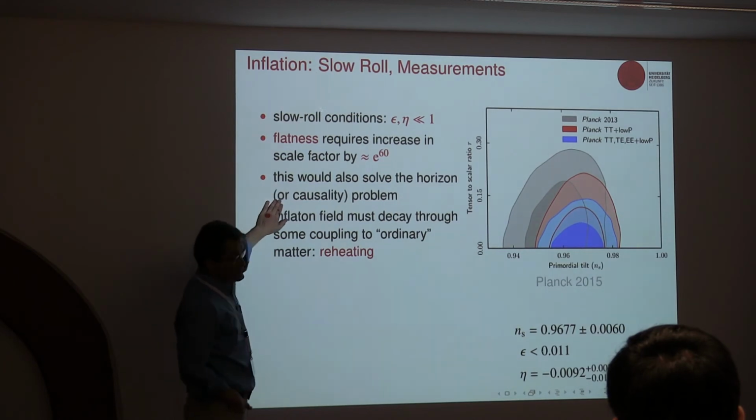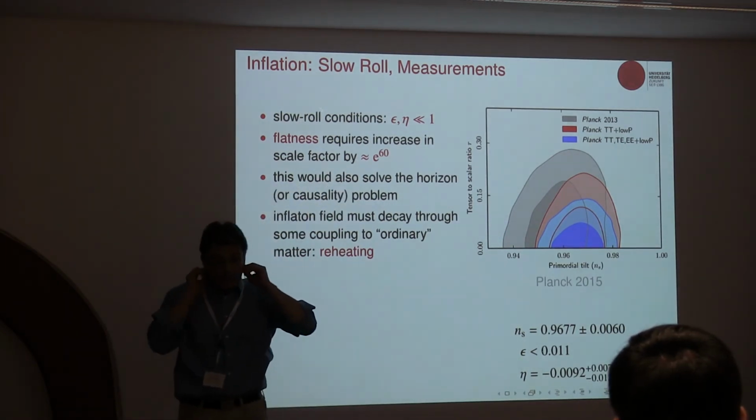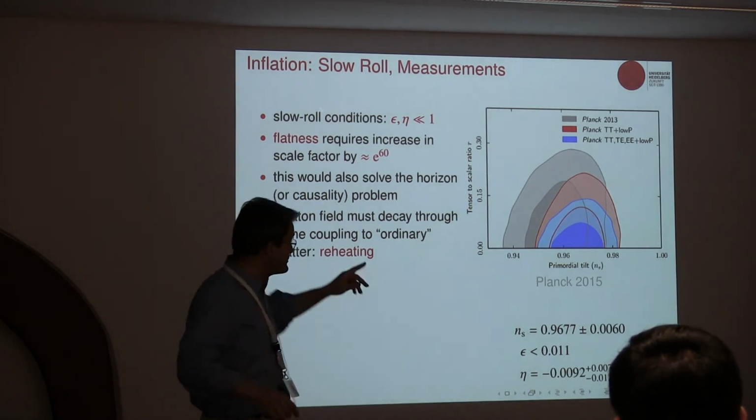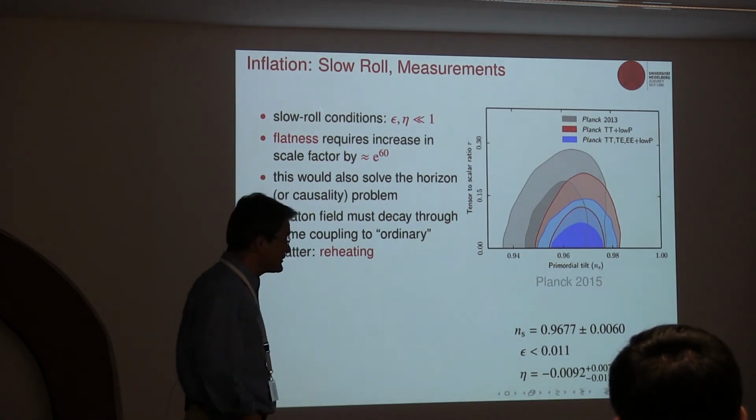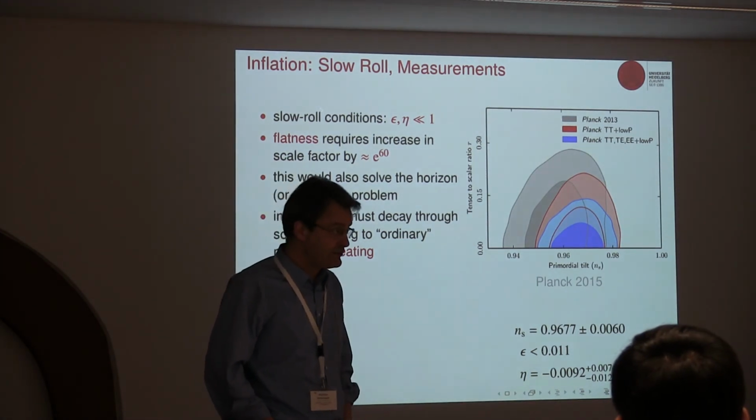All right, this would also solve the causality problem, right? If you drive the universe apart by a factor of e to the power of 60, then you also solve the causality problem that I illustrated in the previous slide.